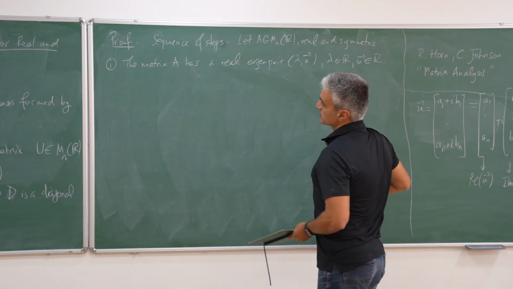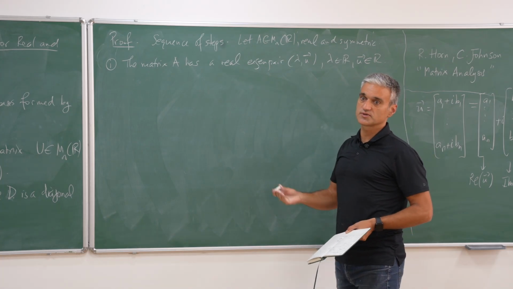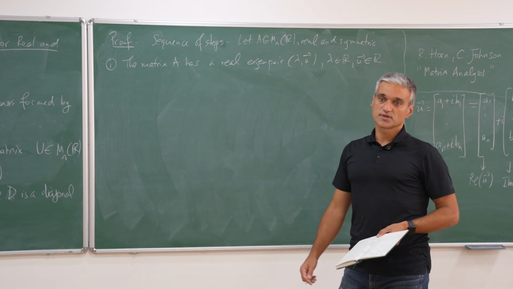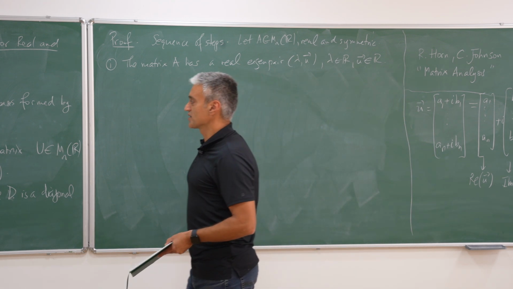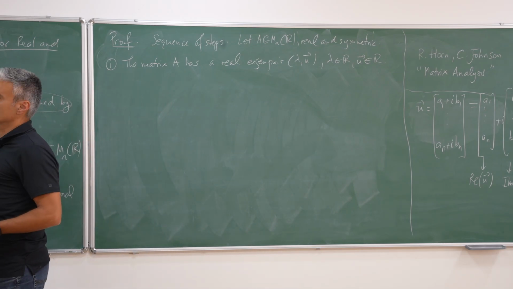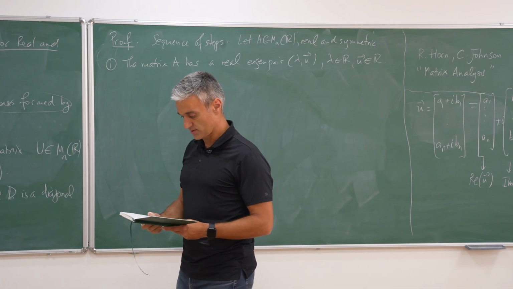Based on what we mentioned earlier, your matrix is going to have one real eigenvalue, one real eigenvector. And then we're going to do something to it. What we want is to get an orthonormal basis formed by the eigenvectors. That's what we're going to do.